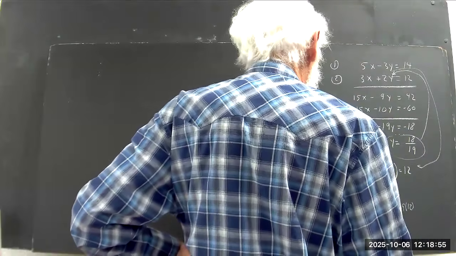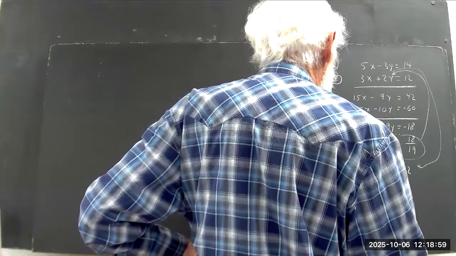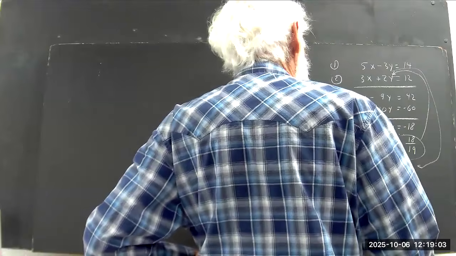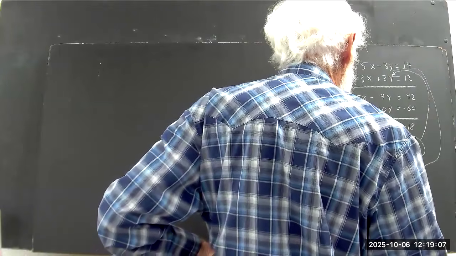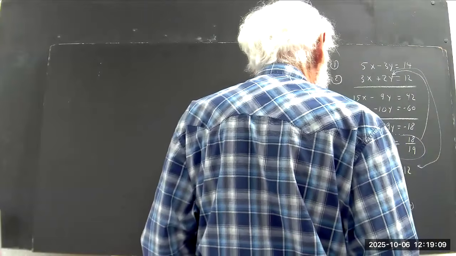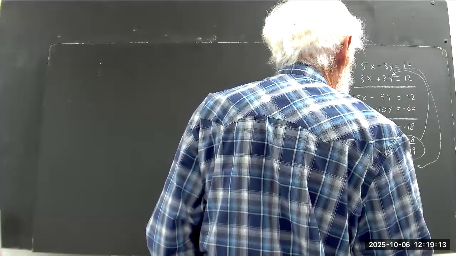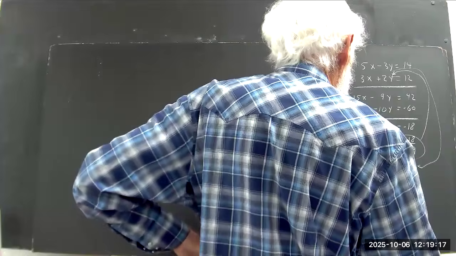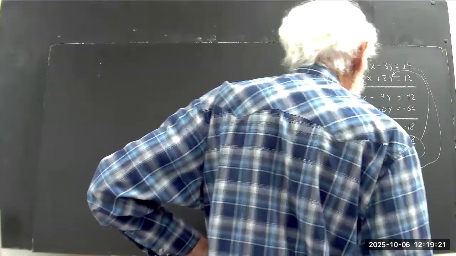And I get this, which gives me 57x plus 36 equals 19 times 12, which is like 20 times 12 minus 12. That's going to be 208. No, it isn't. Yeah, 232, sorry. 19 times 12 is 228. I'll get it right yet.